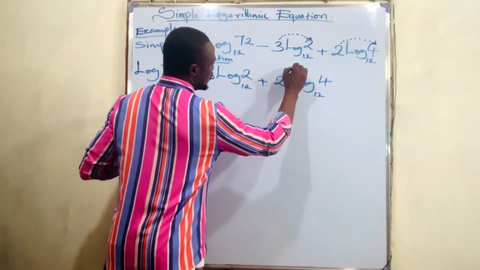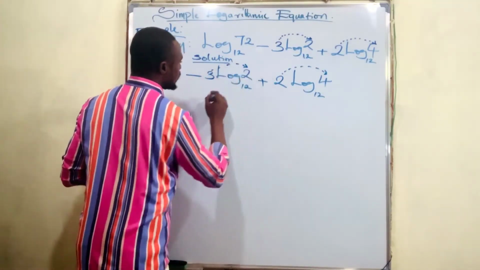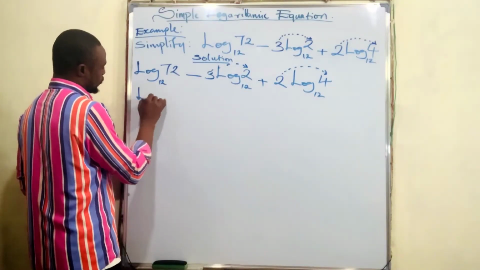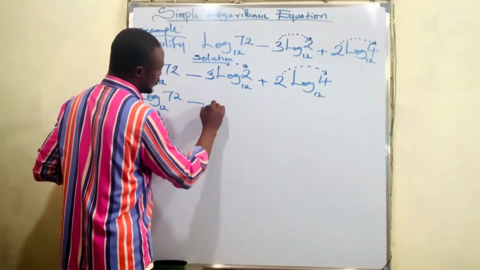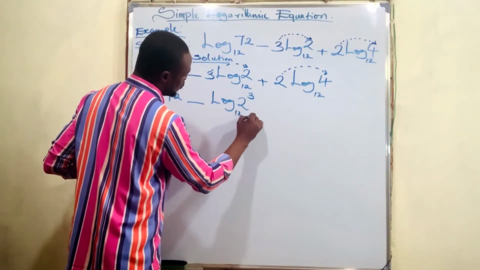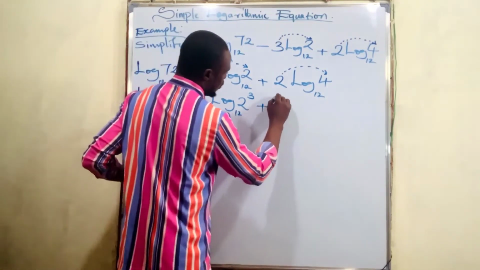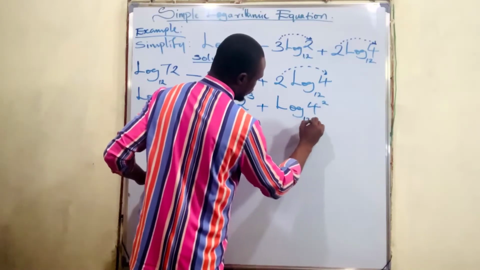So like I say, if this goes to the top of this and this goes to the top of this, we now have log 72 base 12 minus the log of 2 to the power of 3 base 12 plus the log of 4 to the power of 2 base 12.